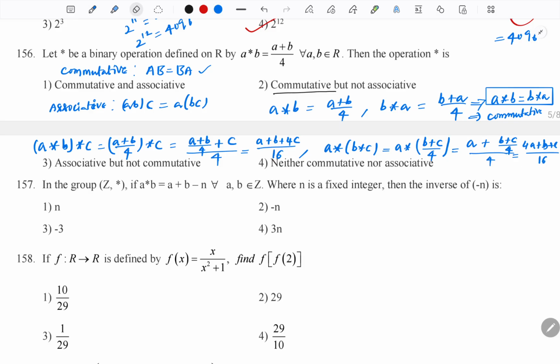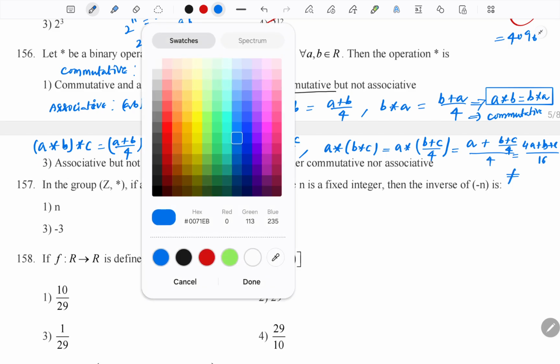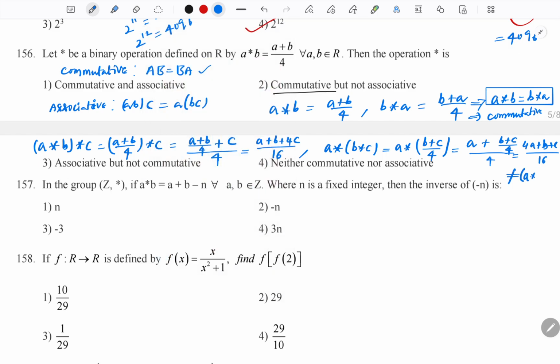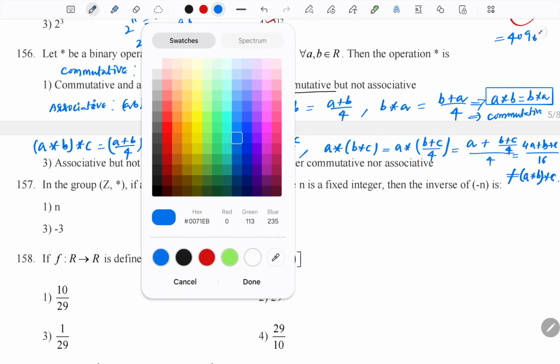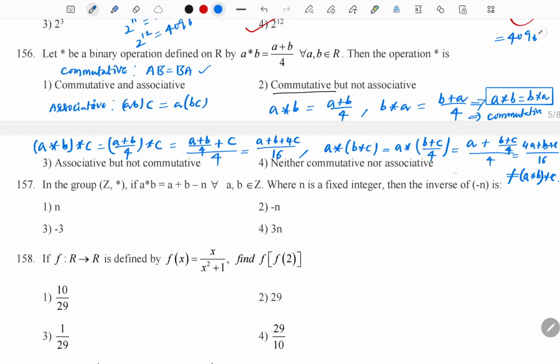A star B star C is not equal to A star of B star C. If these are not equal, then we can say it is not associative. Then okay, adjust this one.